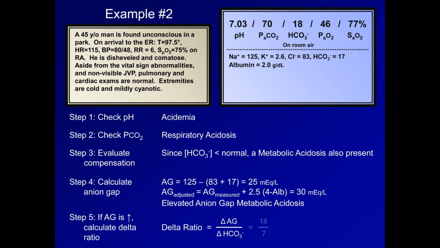Plugging in his numbers gives us a ratio of 2.6. 2.6 is elevated irrespective of the etiology of the elevated gap. In other words, the bicarb concentration is not as deranged as it would be expected just from accumulation of an unmeasured anion. Therefore, there must be also a metabolic alkalosis present that is pushing the bicarb higher than it would be otherwise.